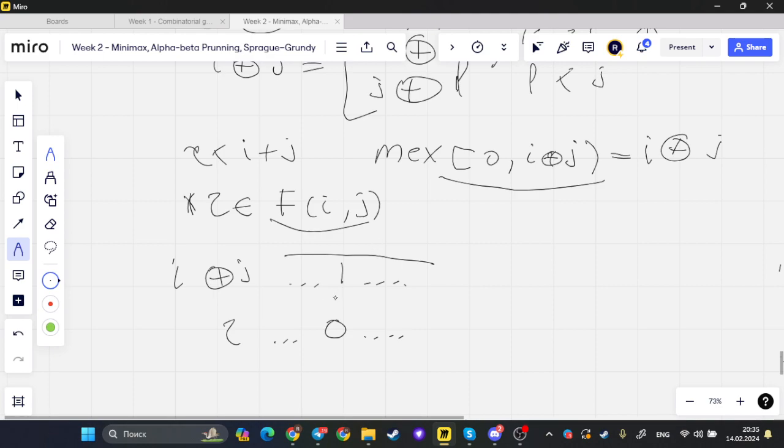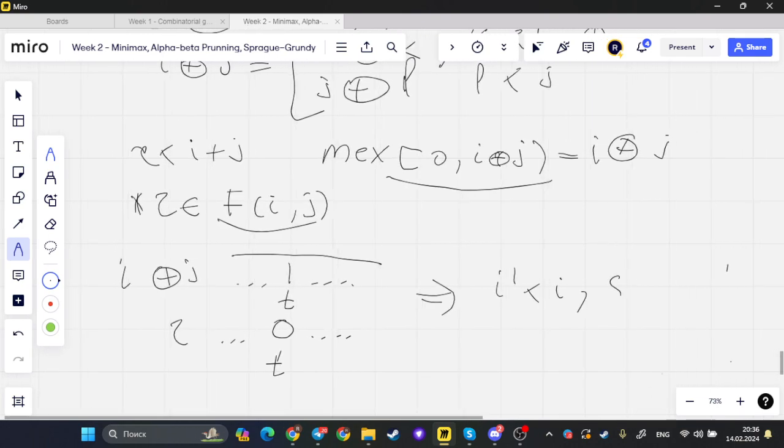We just consider this bit like t, and it means if we take e less than e, since there exists t less than e, we have c and e.